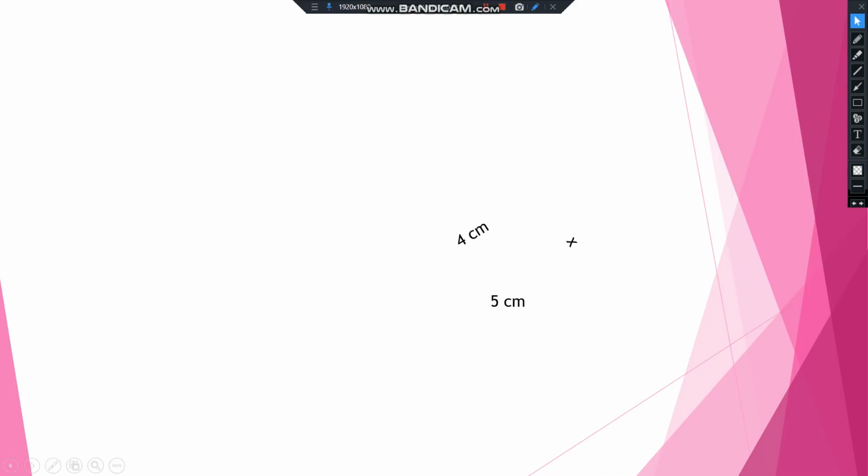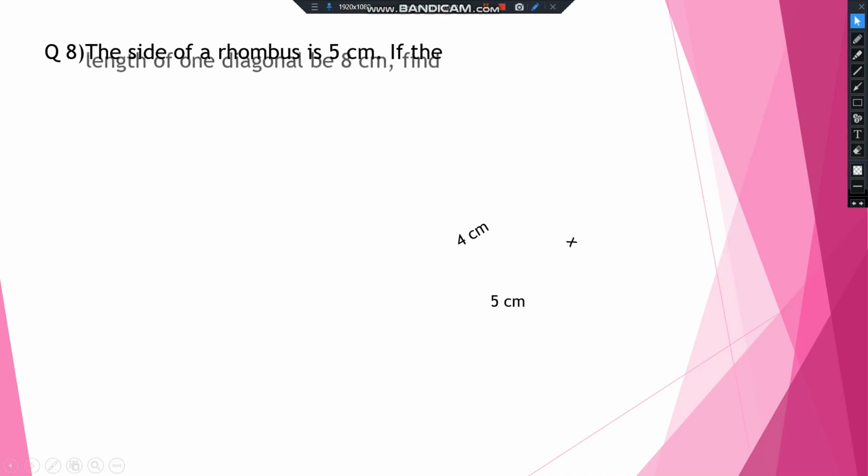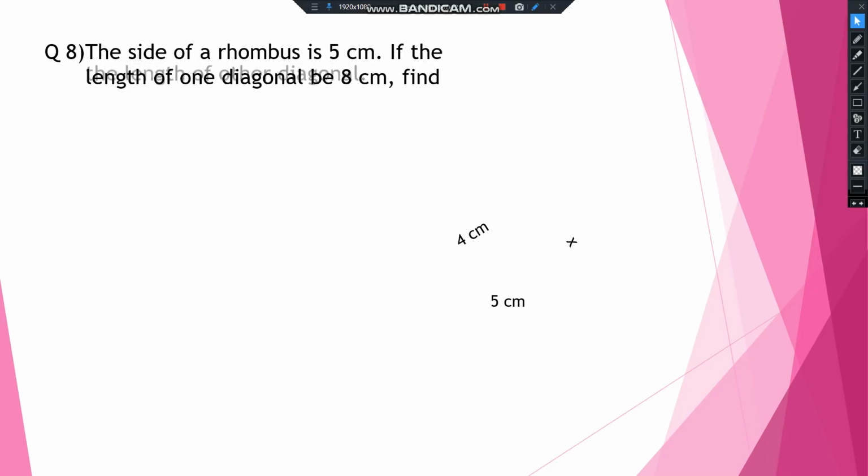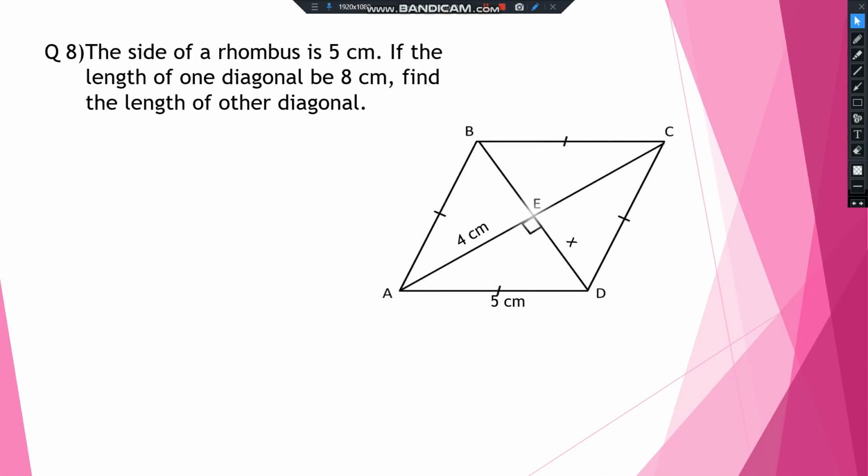Now let's see question number 8. The side of a rhombus is 5 centimeter. If the length of one diagonal is 8 centimeter, find the length of the other diagonal. You know what a rhombus is? A rhombus is a four-sided figure whose all four sides are equal.